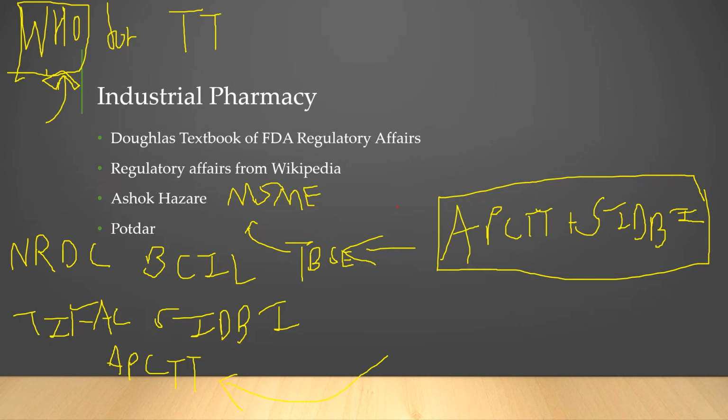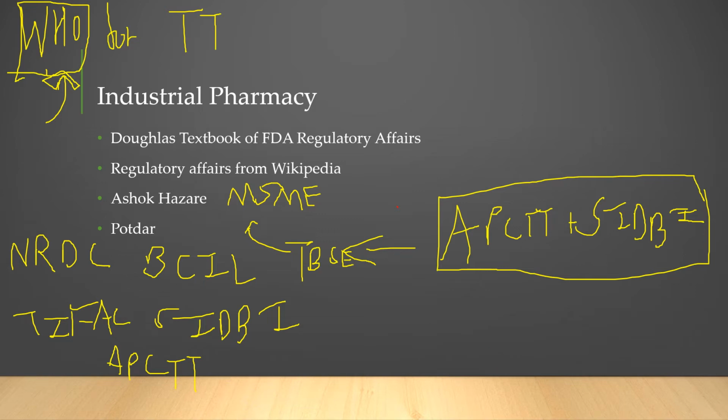It has the same work, but it majorly works for women entrepreneurs. So if there is any woman who has some good ideas, some good startups or some good research work, that can be given a boost via this APCTT agency.